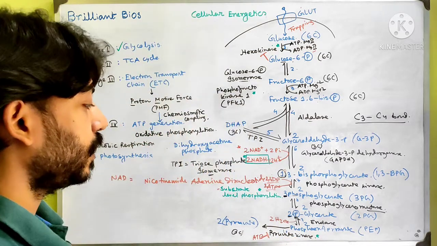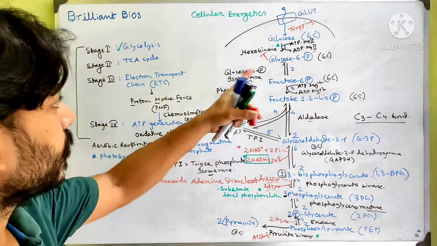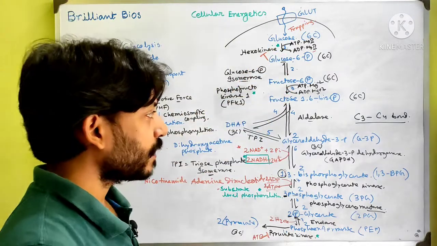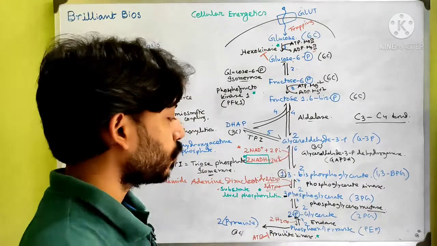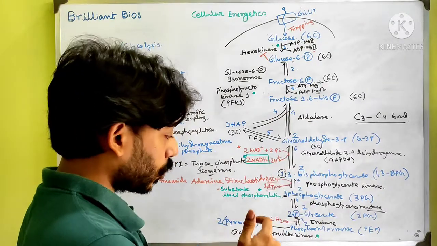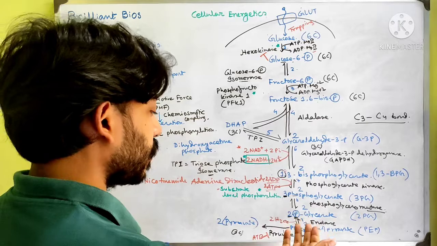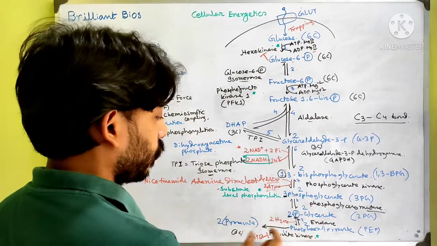Remember this. I have mentioned in this step also that when cells sense that they have an adequate amount of ATP, they will not go through this pathway. So if there is a high concentration of ATP, it will inhibit pyruvate kinase.